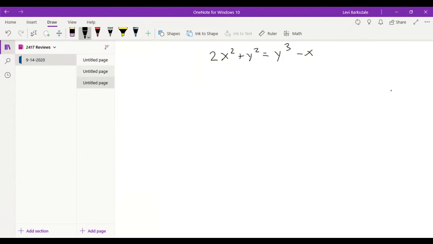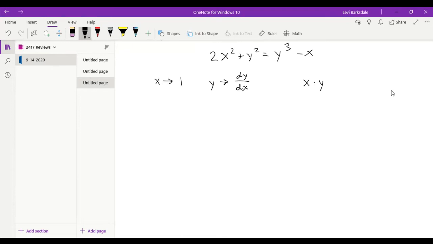The trick with implicit differentiation is when you're taking the derivative, x's go to 1, and y's become dy over dx's. And you treat each variable as its own function. So for instance, if you have x times y, you would have to use the product rule on this.